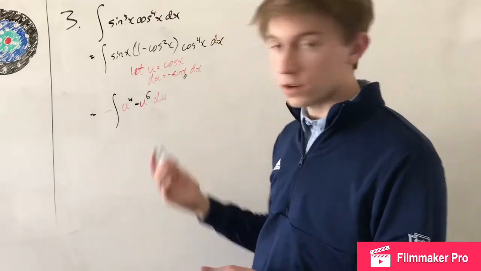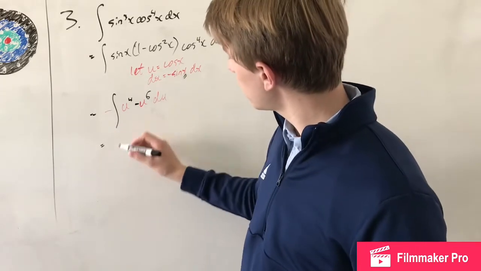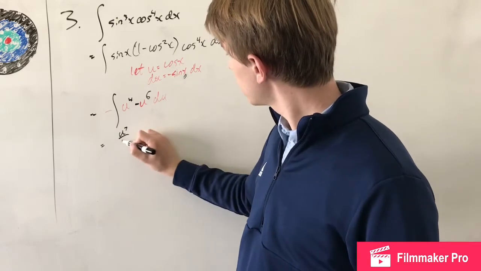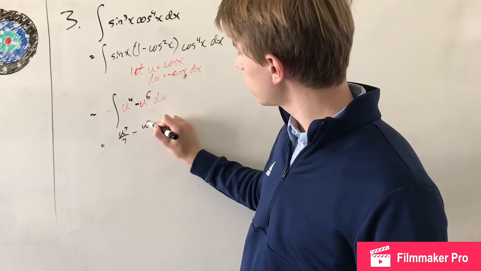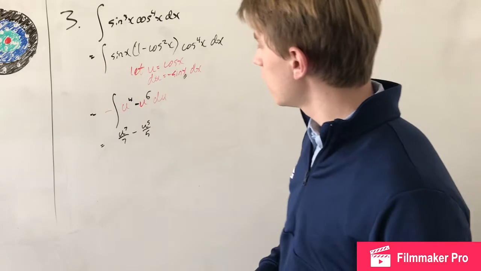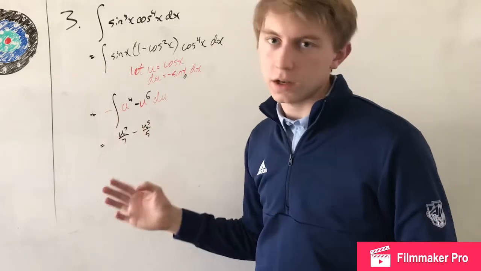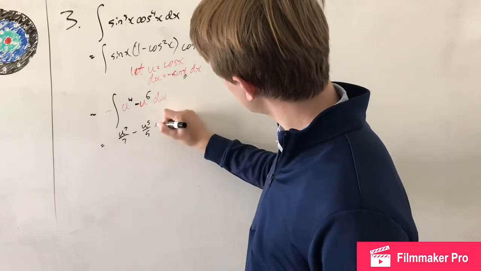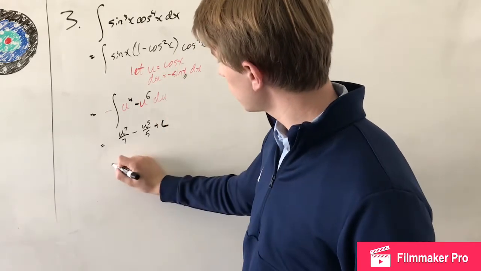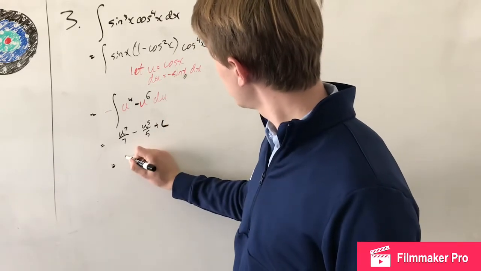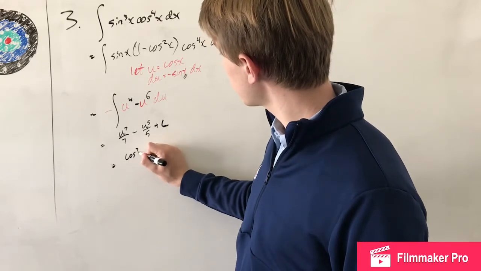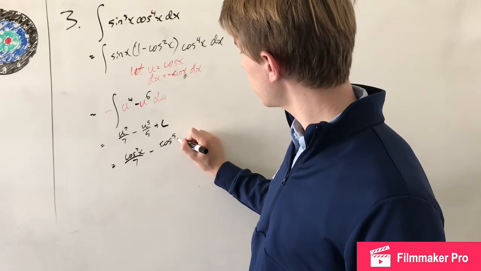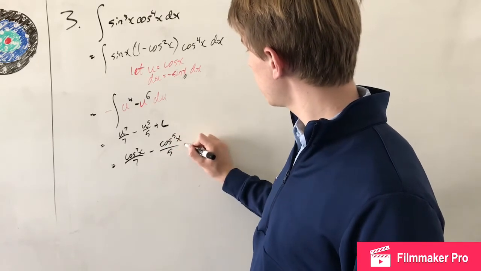And then that's easy to integrate. We can just say that is u to the 7th over 7 minus u to the 5th over 5. And notice I just went ahead and distributed this negative and swapped it around. And plus c. So that's the same as cosine to the 7th x over 7 minus cosine to the 5th x over 5 plus c.